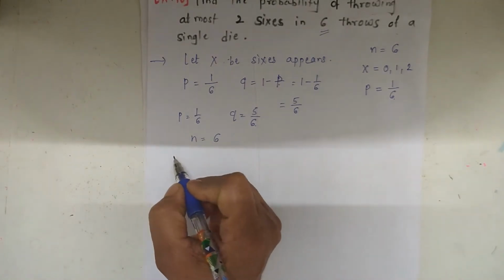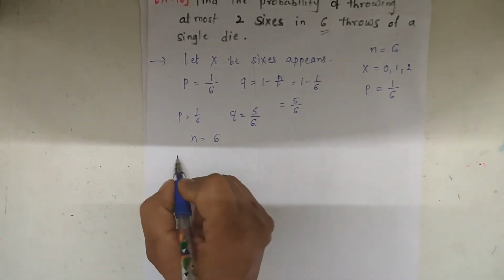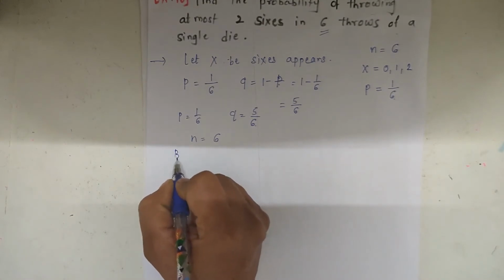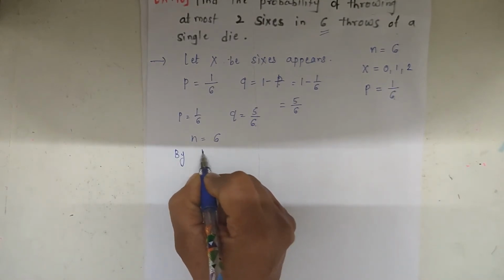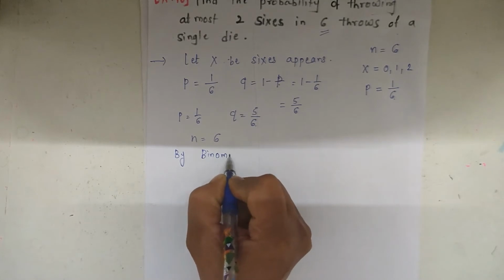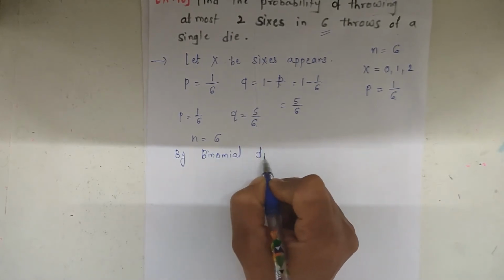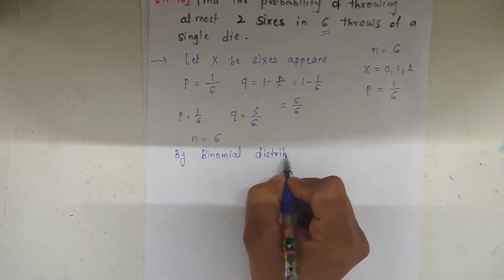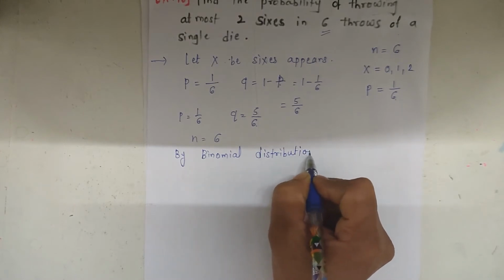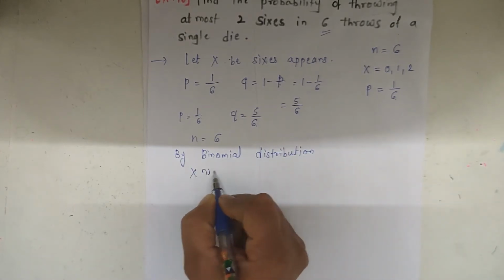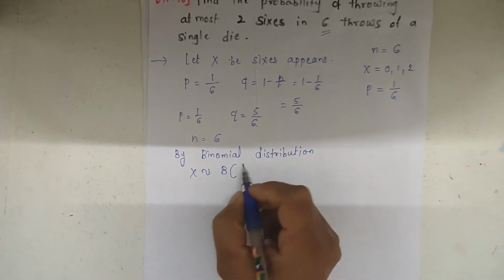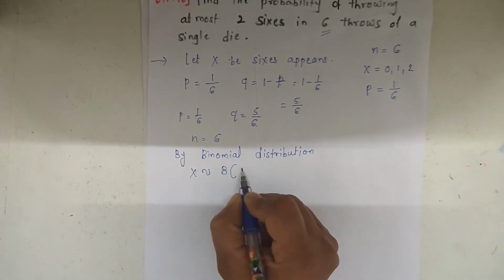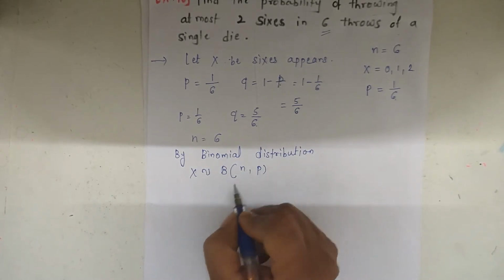Now by binomial distribution, x follows the binomial distribution with parameters n and p.